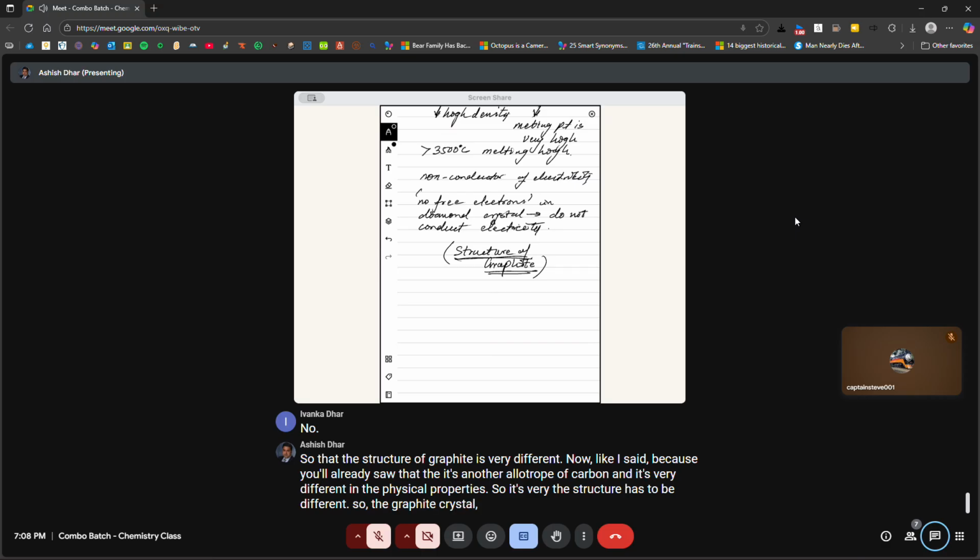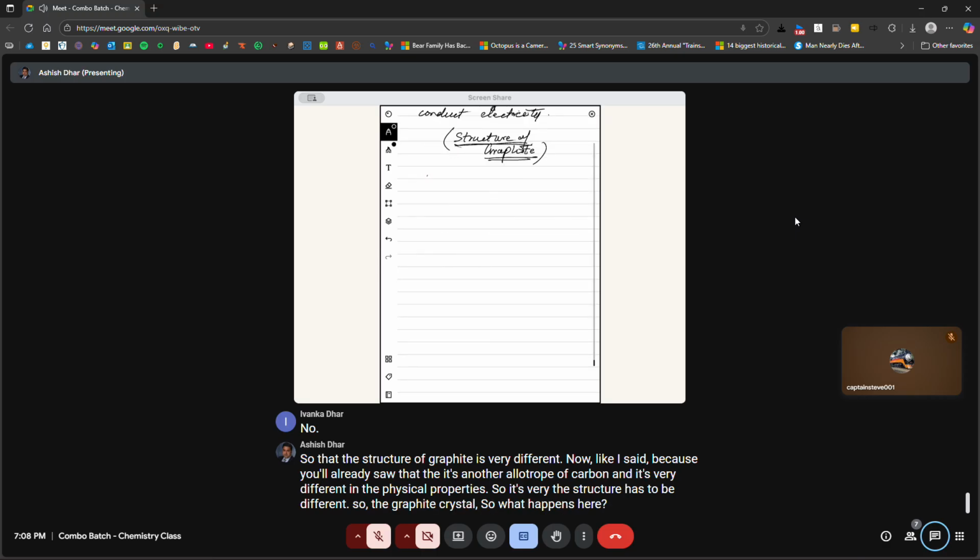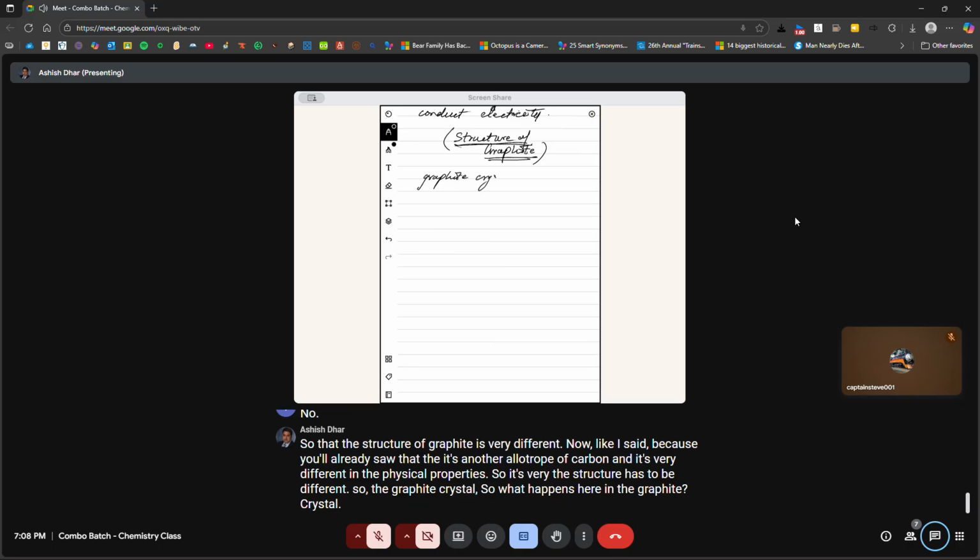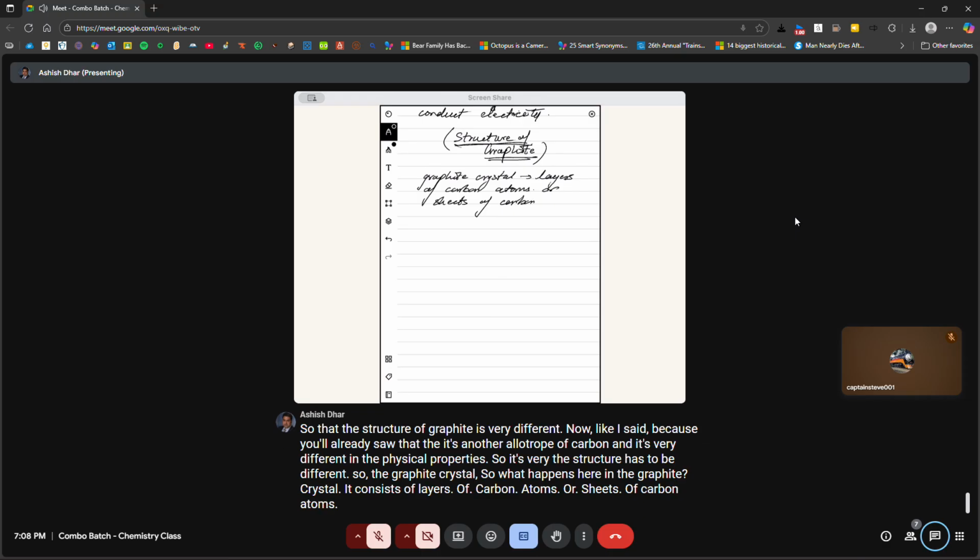So what happens here in the graphite crystal? It consists of layers or sheets of carbon atoms. And I'll show you what it is.